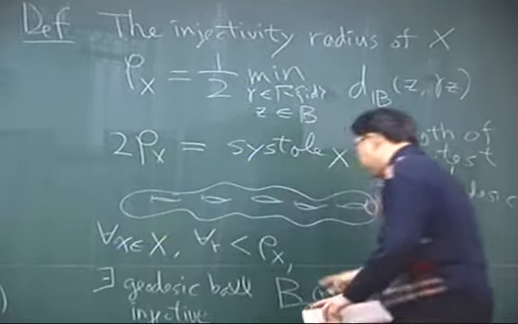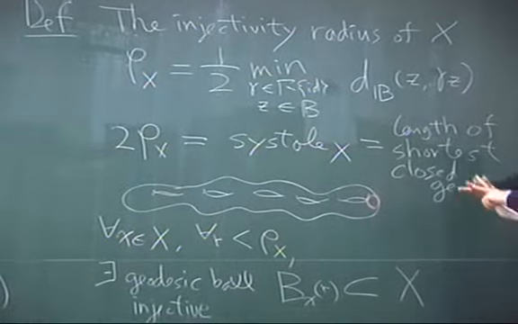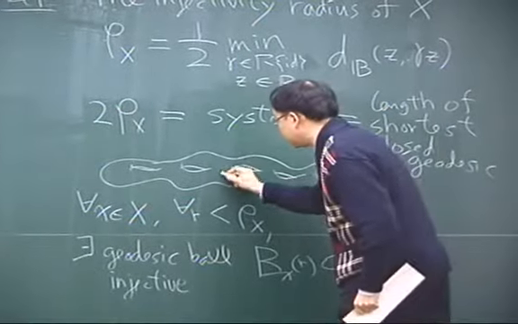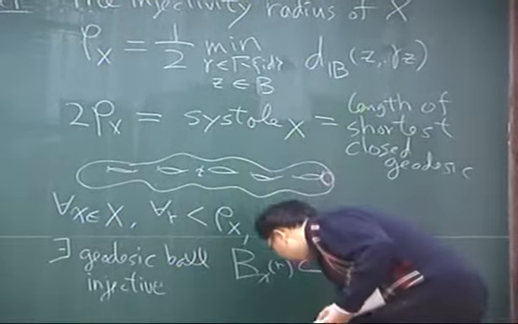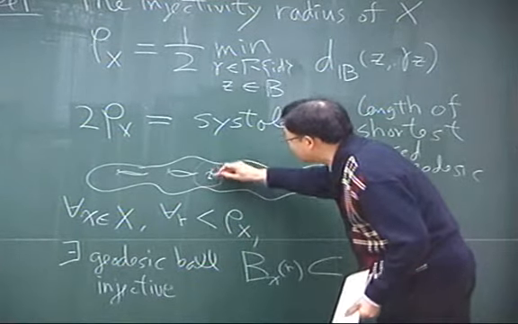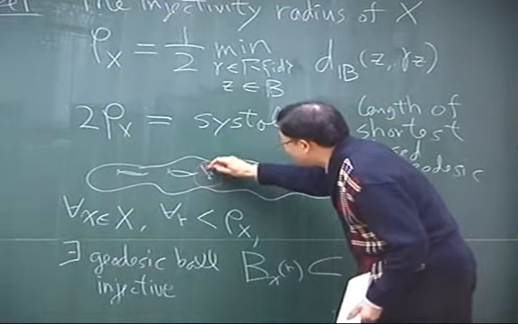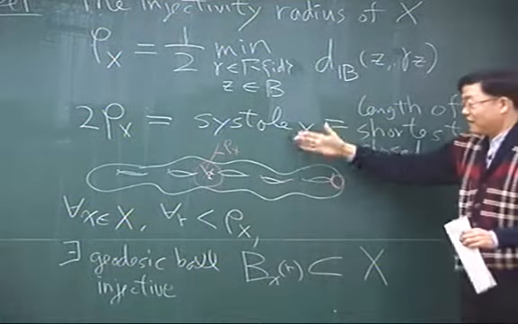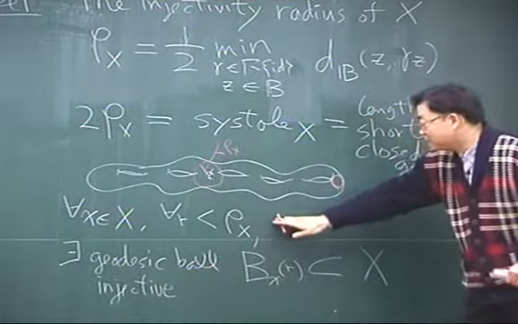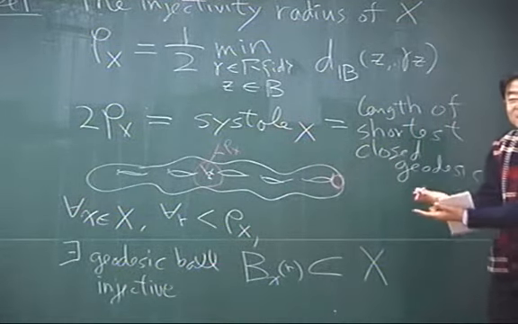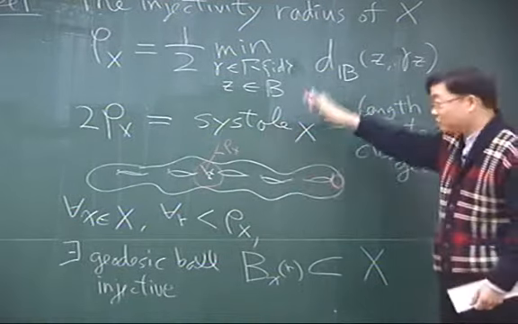Well, in this case, it's a disk, of course. So namely, this disk does not intersect itself. So at any given point x, you can find such a large disk with the radius less than the injectivity radius. But if the radius is bigger than the injectivity radius, then there are some points where the ball intersects itself. So this is called the injectivity radius.